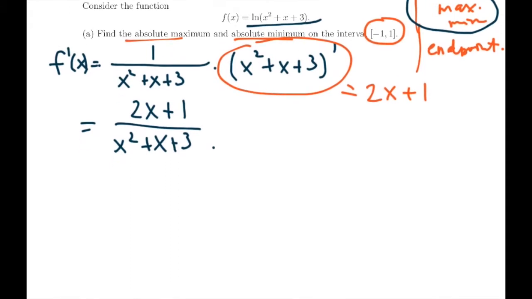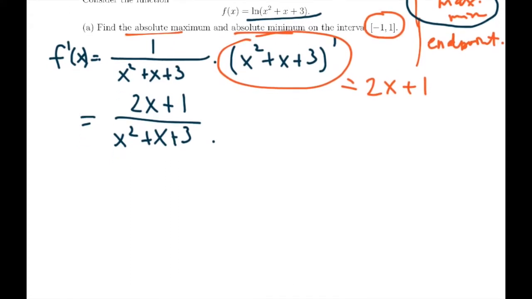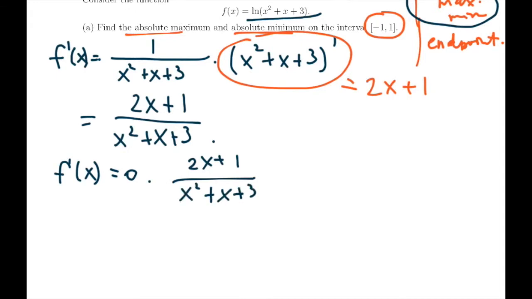Okay? And then we're going to find the critical point, that is when f prime equals 0. Because it is a fraction function, the only possibility that f prime can be 0 is when 2x plus 1 over x squared plus x plus 3 equals 0.